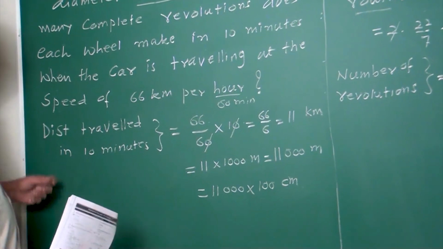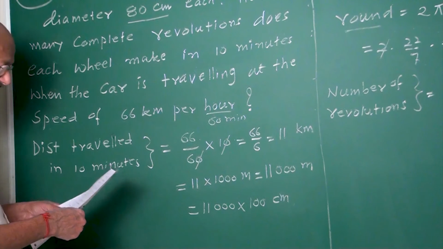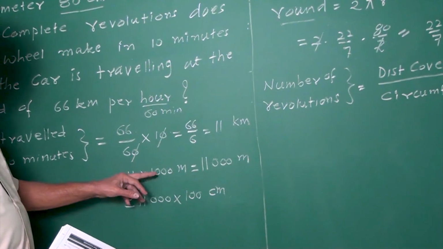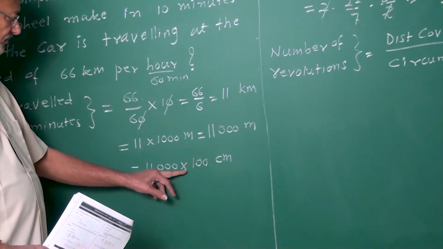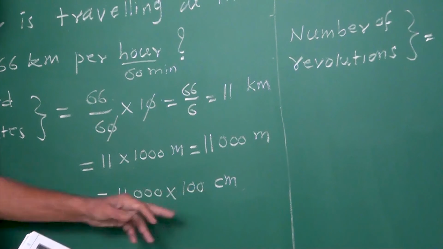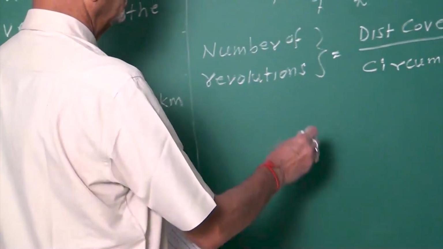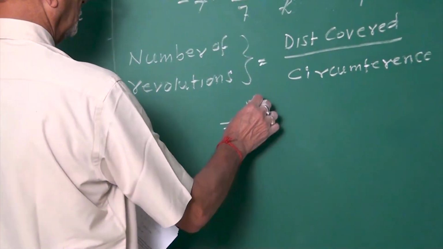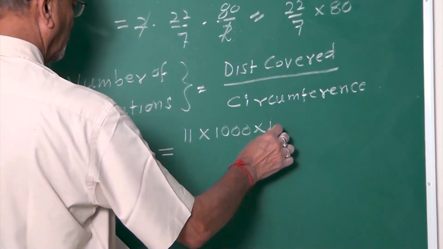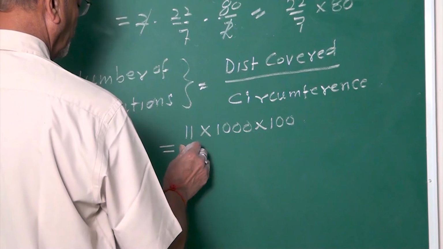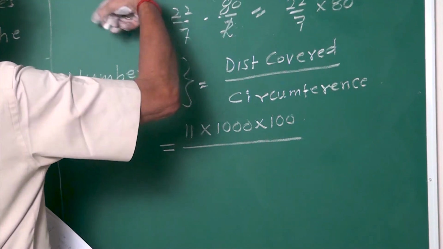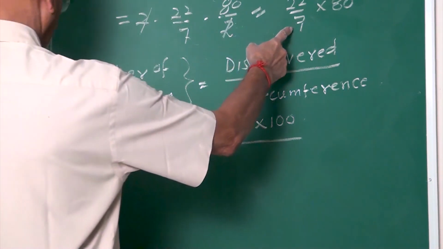What is the distance covered here? It is 11 into 1000 into 100 centimeters. And the circumference covered in one wheel, what is this, my friend?